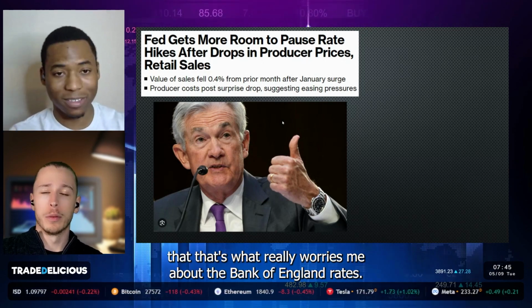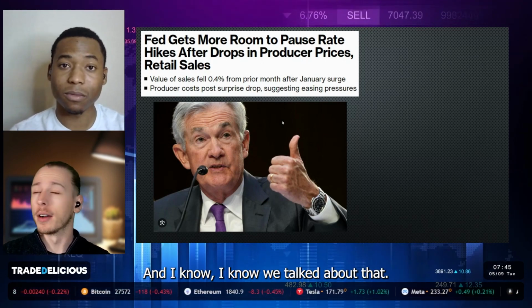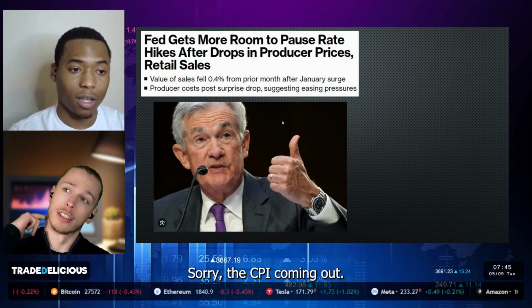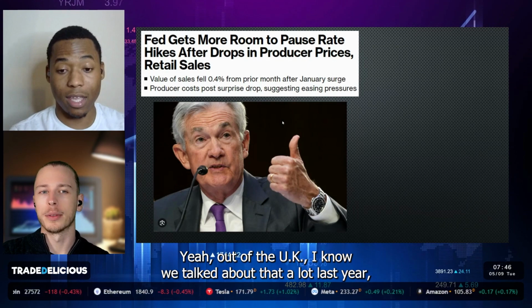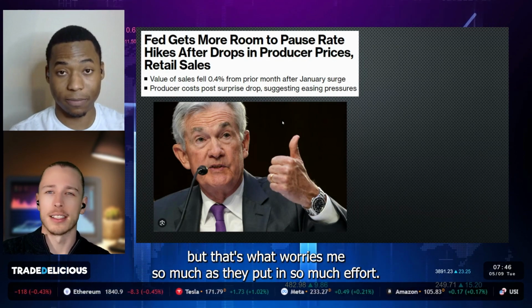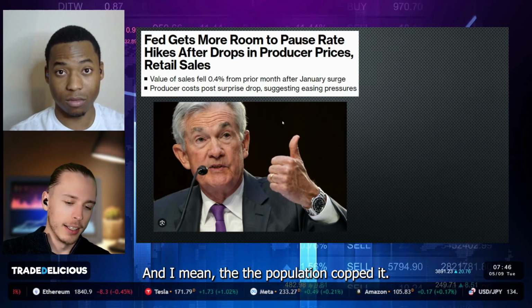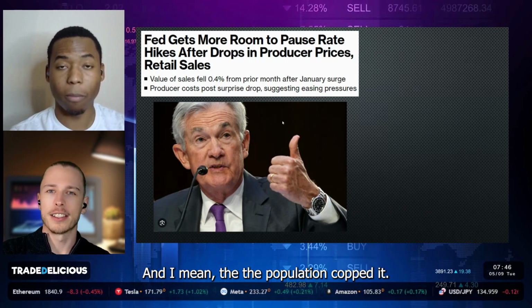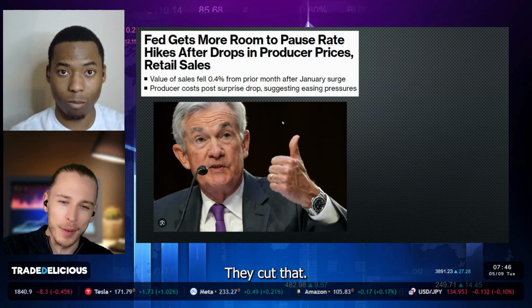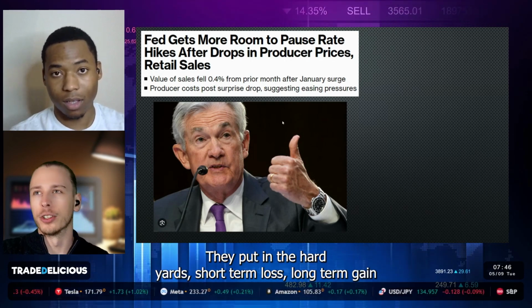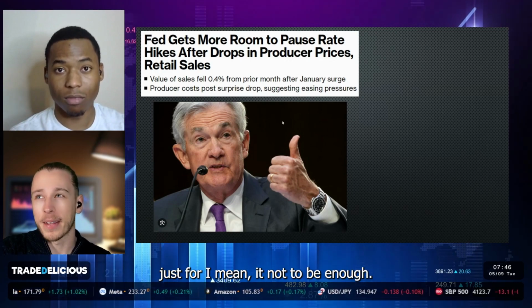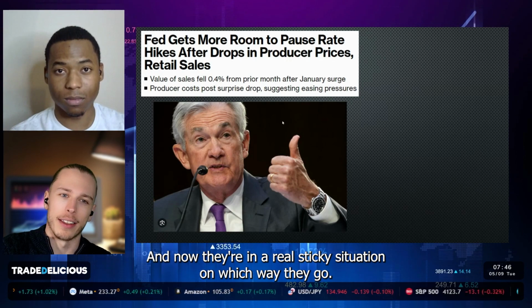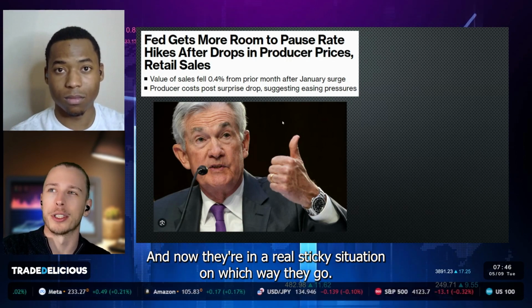That's what really worries me about the Bank of England rates. And I know we talked about that. Sorry, the CPI coming out of the UK. I know we talked about that a lot last week. But that's what worries me so much, is they put in so much effort, and I mean the population copped it, right? They put in the hard yards, short term loss, long term gain, just for it not to be enough, and now they're in a real sticky situation on which way they go.